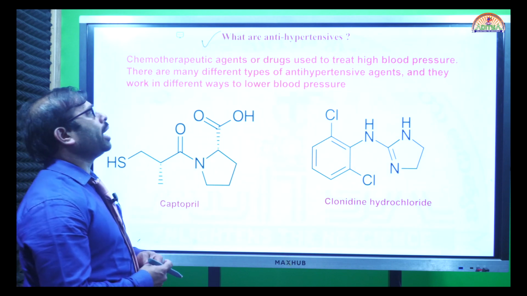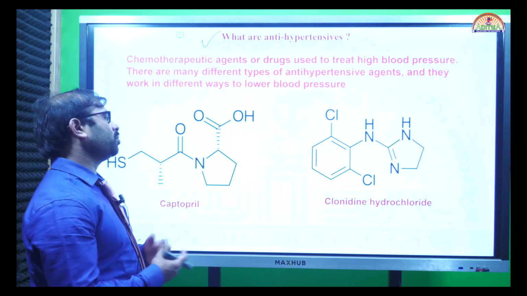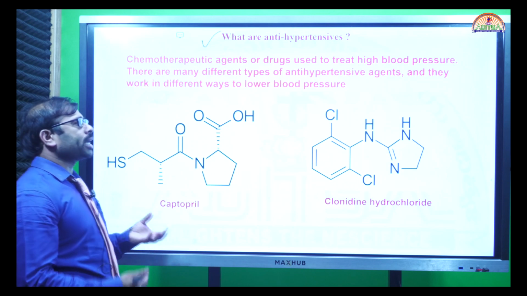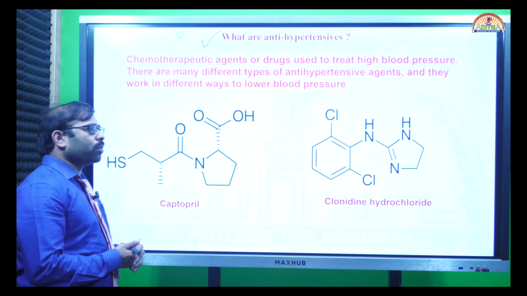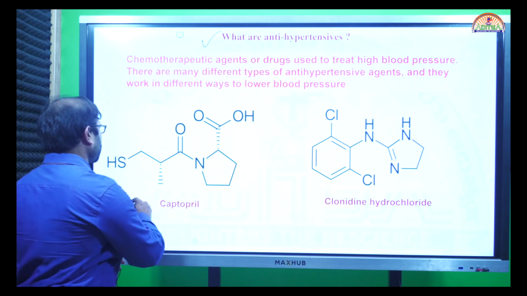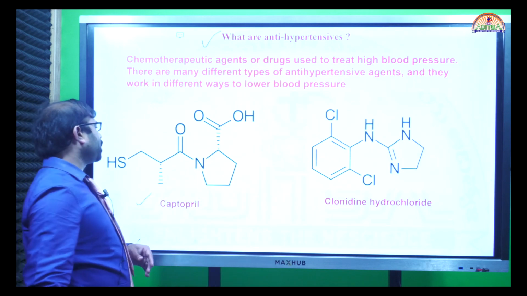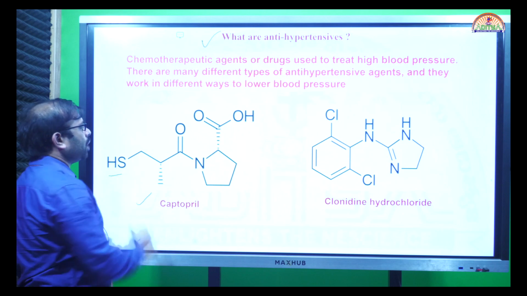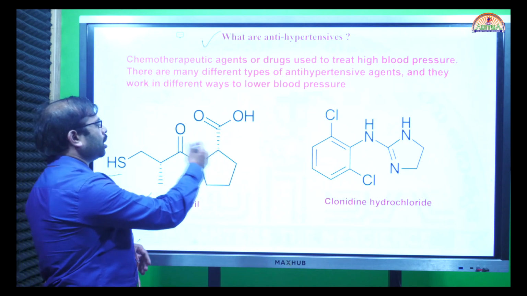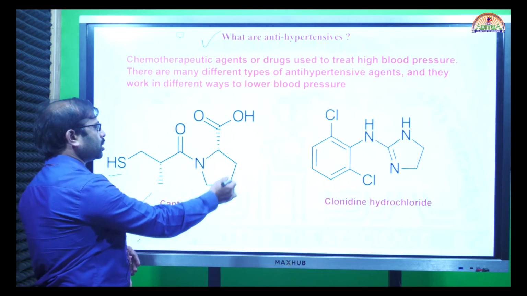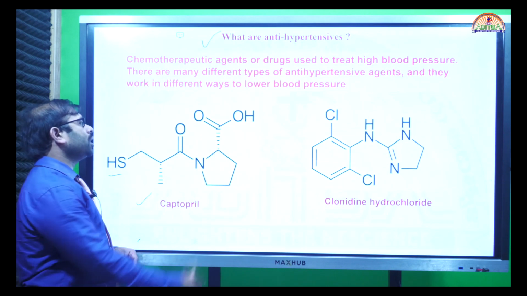What are the best, well-known and famous examples of antihypertensive agents? First is captopril, a thiol derivative having a saturated pyrrolidine ring with a carboxylic acid.